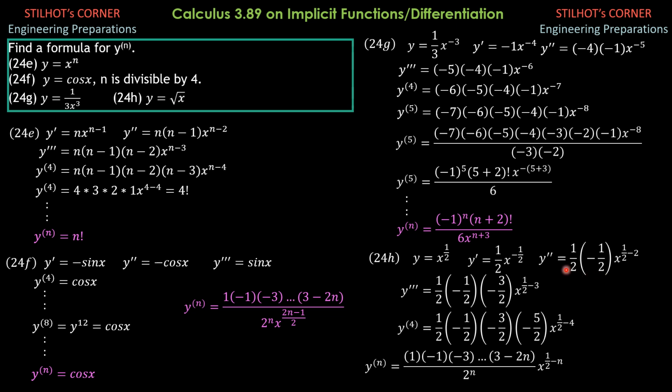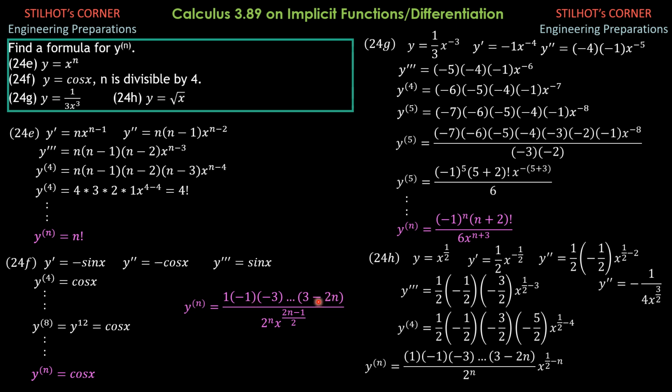Then when n is 2, this is y double prime. This is negative 1/4 or negative 1 over 4 x to the positive 3 halves, because this is negative 3 halves. So y double prime is negative 1 over 4x to the 3 halves. So n is 2, meaning these are the two factors in the numerator. This is not included. This is just the guide that we should stop at this factor.